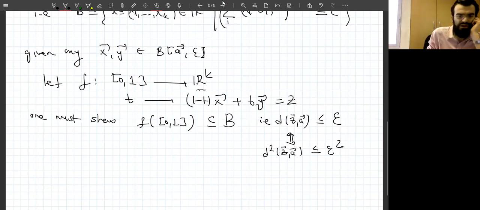Let me start: d squared of z and a, the distance between z and a. What is this?